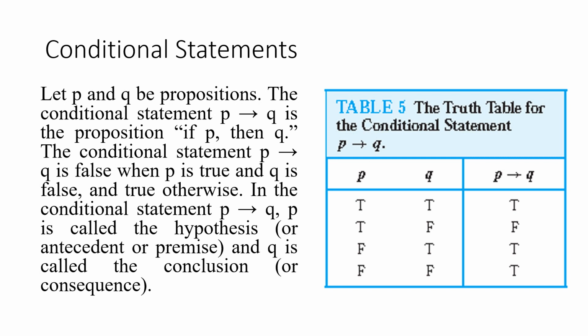There are many expressions of the conditional statement. You could have "if P, then Q", or "if P, Q", or "P is sufficient for Q". You could also have "Q if P", "Q when P", "a necessary condition for P is Q", "Q unless not P", "P implies Q", or "P only if Q".